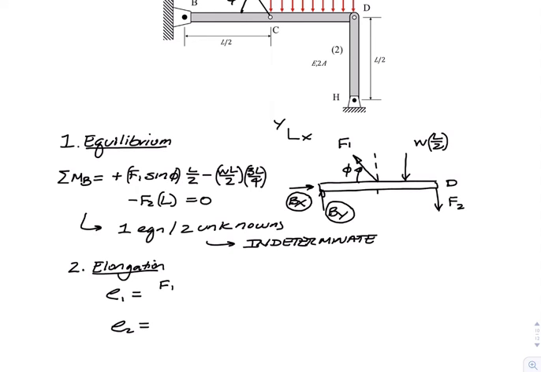So we get F1 L1 divided by E1 A1 plus alpha delta T. For member 2, F2 L2 divided by E2 A2. But it says here that there is no change in temperature. So that's what we've got. This is equilibrium equation 1, elongation equations 2 and 3.